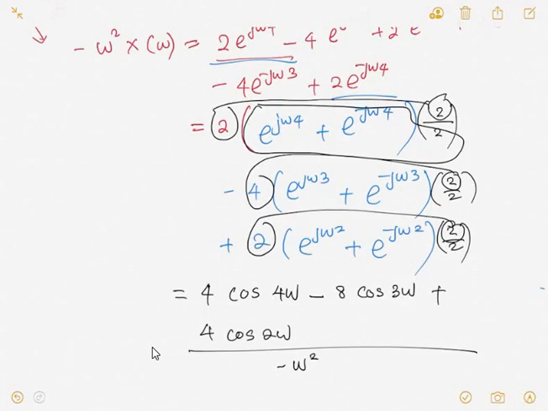Okay, where is this omega squared from? It's actually from this part. This one is already X(omega). I already shifted the negative omega squared to the right hand side. So this is the answer. Hope you can understand.